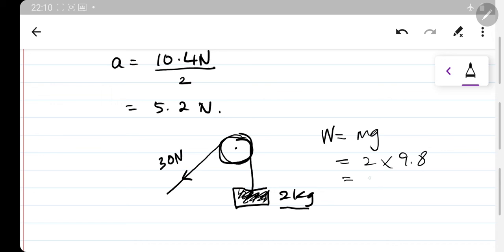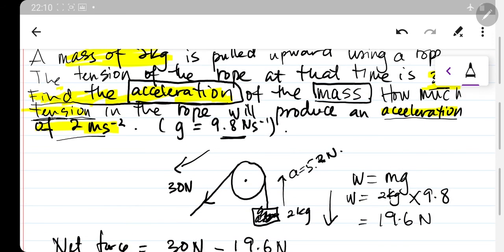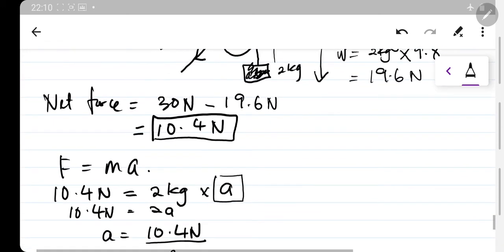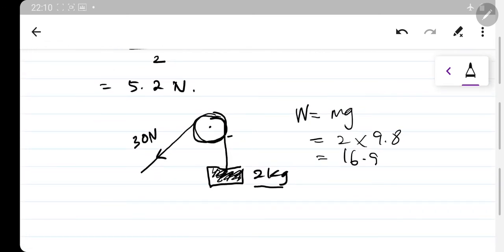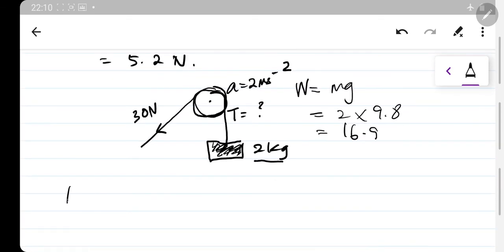Since the question says tension, what we want to find is this T, when the acceleration equals 2 meters per second squared. So now we need to find the net force.